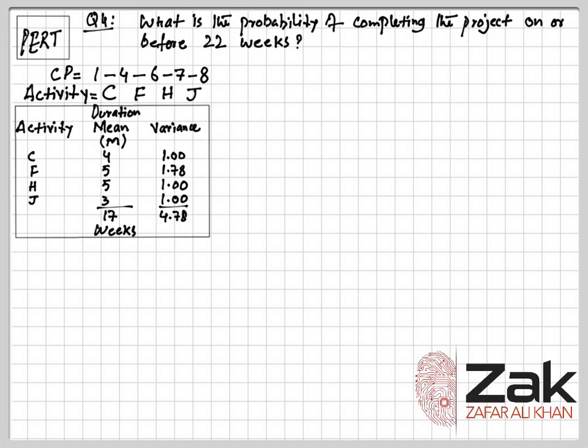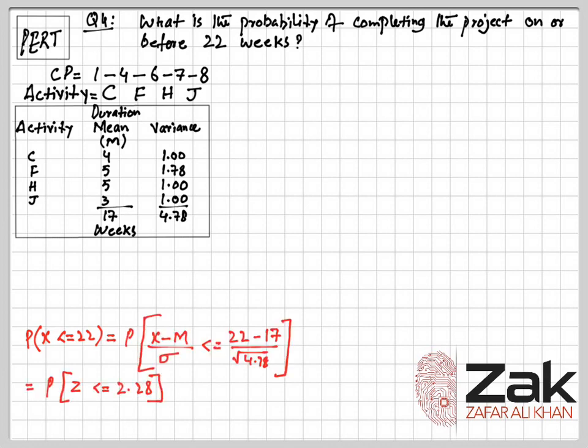Now the formula is the probability of X less than or equal to 22 weeks. Being a computer student, I am using less than or equal to this way, otherwise you can use the standard sign of mathematics. So this X denotes 22 weeks, and we need to find the probability of X being equal to or less than 22 weeks. Now the formula is the probability of (X minus M) divided by sigma.